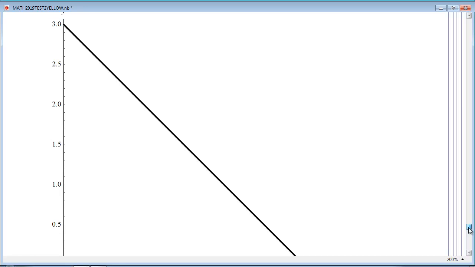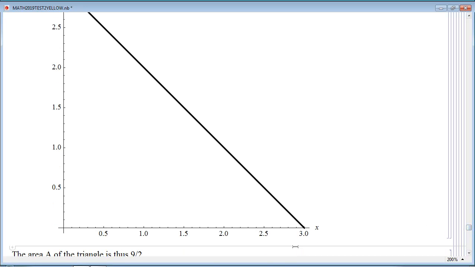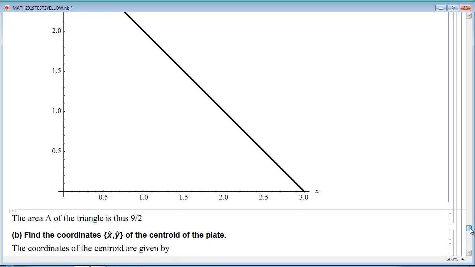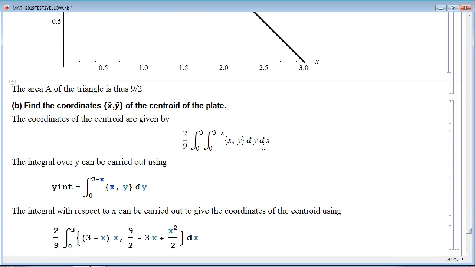And you see it's a triangular region, and the length of the base is equal to the length 3 of the height, so its area is just 3 by 3 divided by 2, which is 9 over 2. So we want to find the coordinates of the centroid now, so that will be 2/9 of the integral of a point in the region over the triangular region.